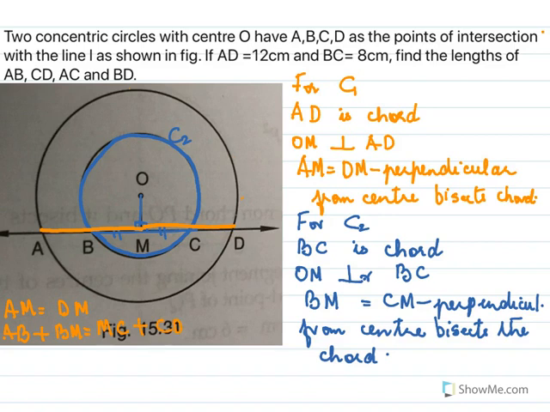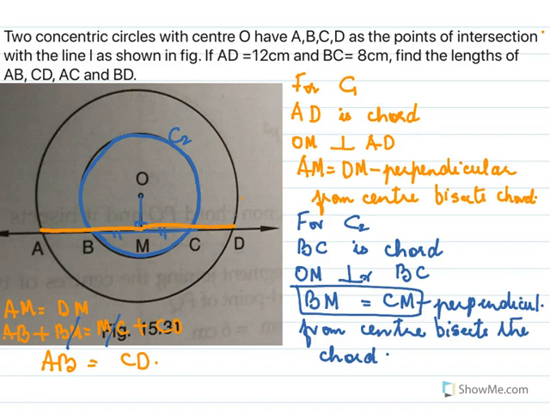But BM and CM are equal. Here we have BM, CM equal. So BM, CM I will cut. So what I am left with, AB equal to CD. This is one part, but we have to find the length of AB, CD and the BC.